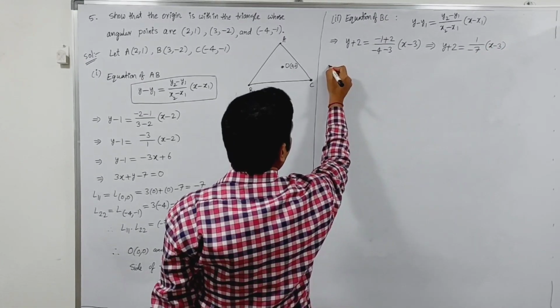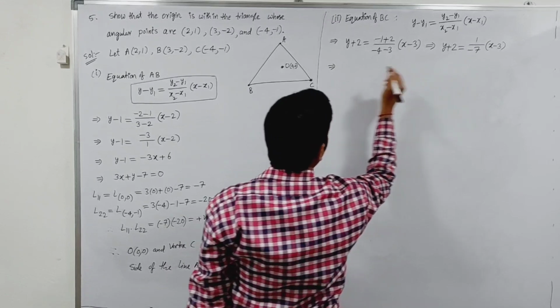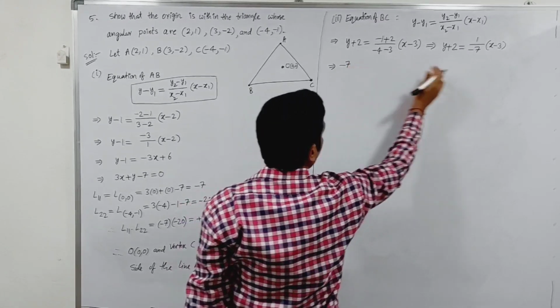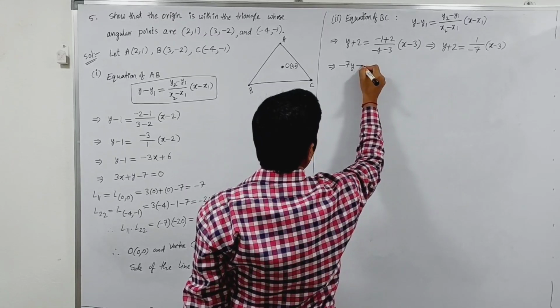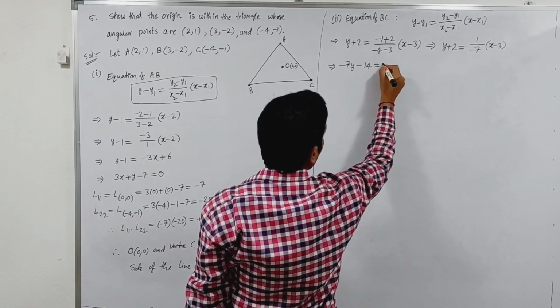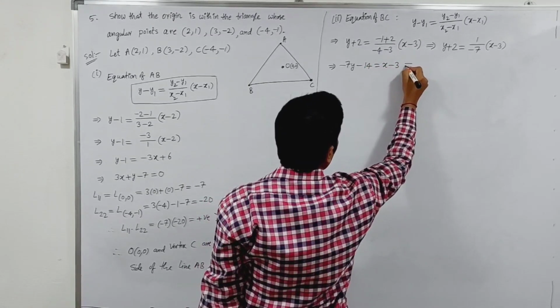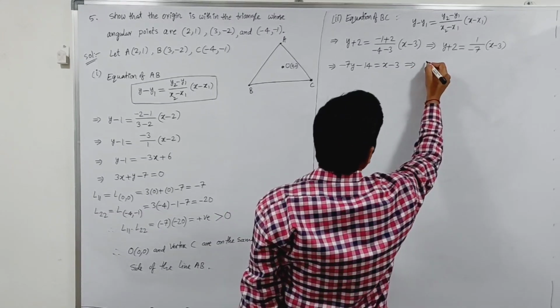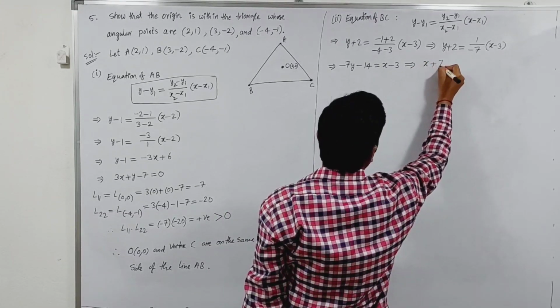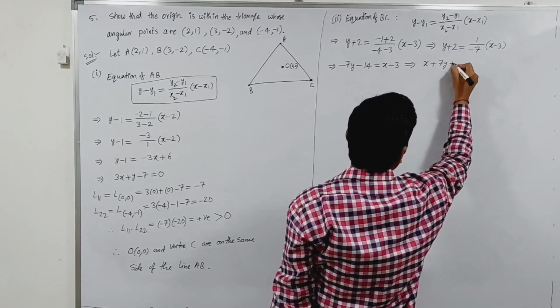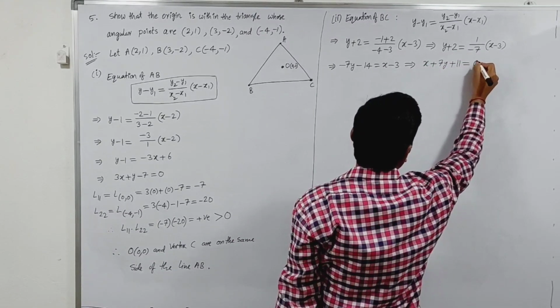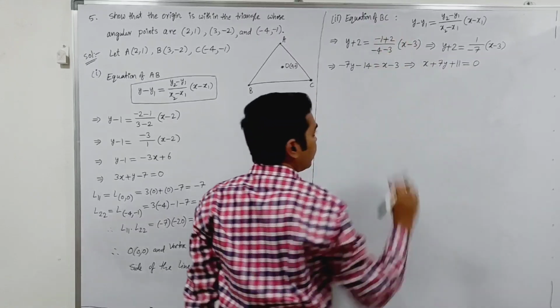From this equation, take minus 7 to the left side: minus 7y minus 7 into 2, that is minus 14, is equal to x minus 3. Now from this equation, x plus 7y plus 14 minus 3, that is plus 11, equal to 0. This is the equation of BC.